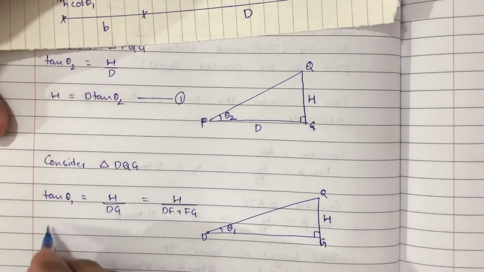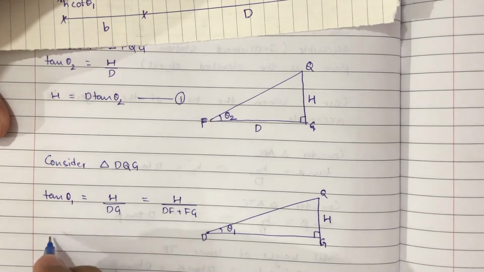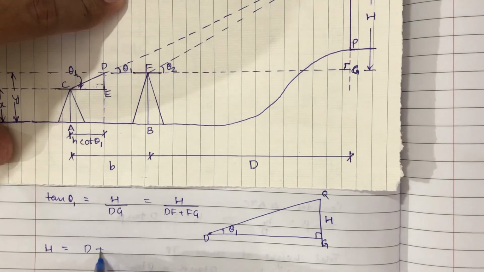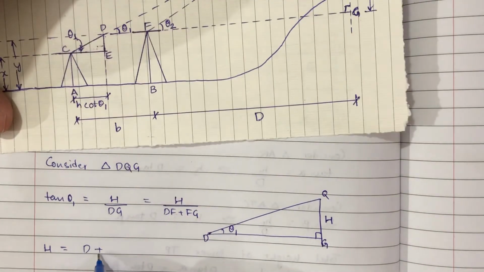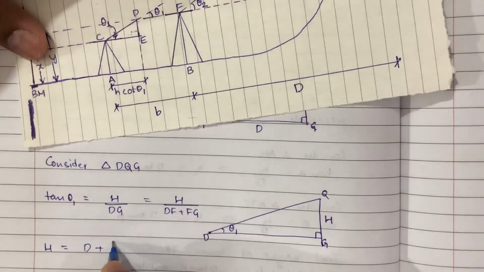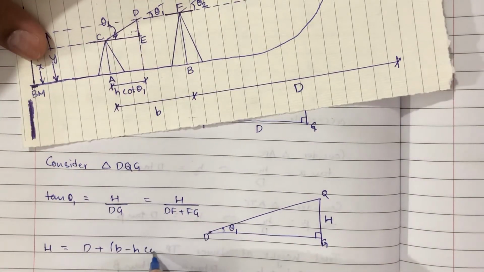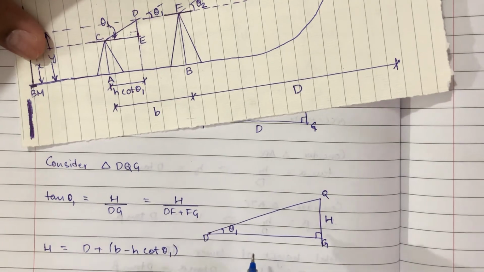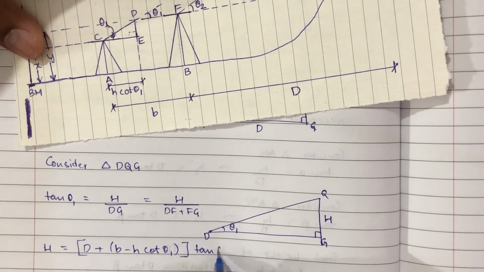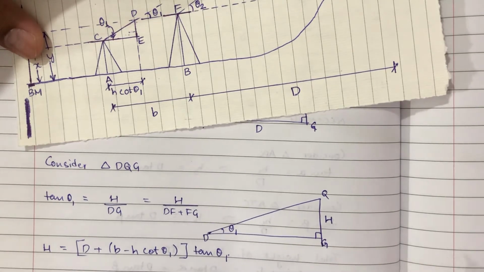So here h will be equal to, FG is d, plus b minus h cot theta 1, into tan theta 1.